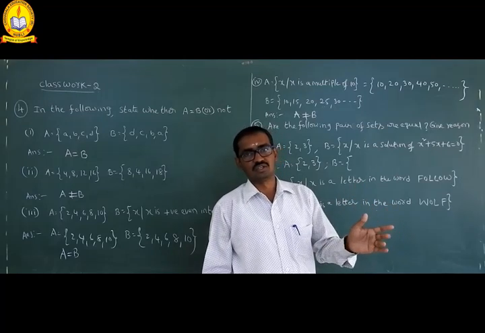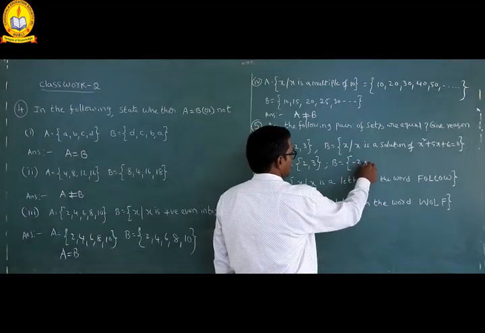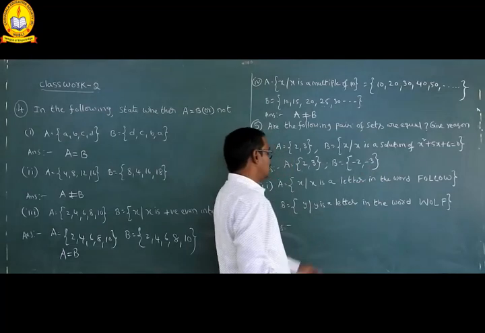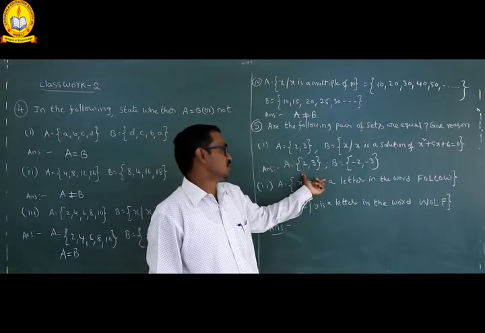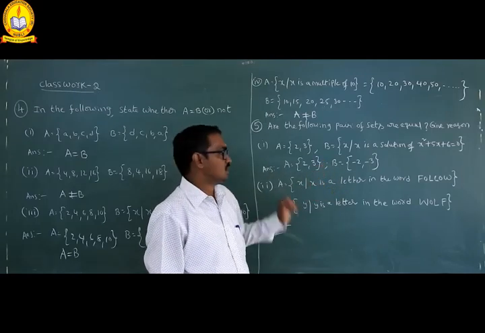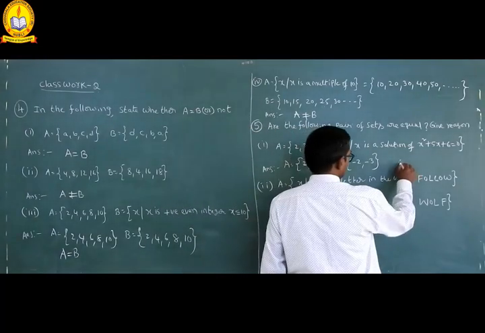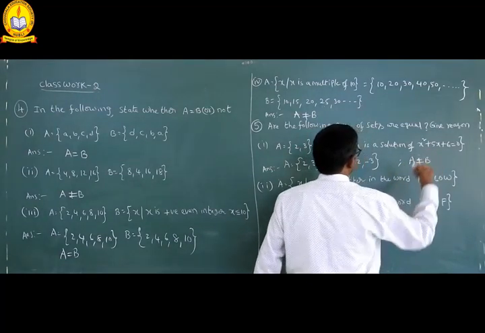So x is equal to -2 and -3. So set B is the solution set {-2, -3}. Are these two sets equal or unequal? Unequal sets, because the number of elements is the same but they are not the same elements. That implies A is not equal to B. These two sets are unequal sets.